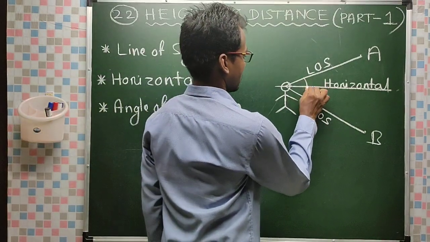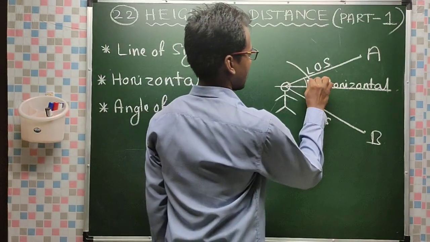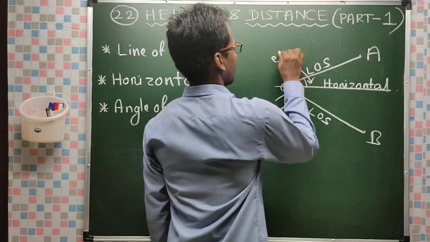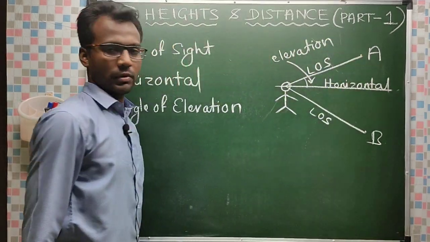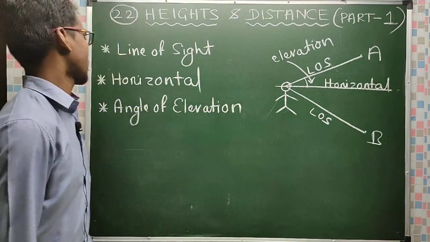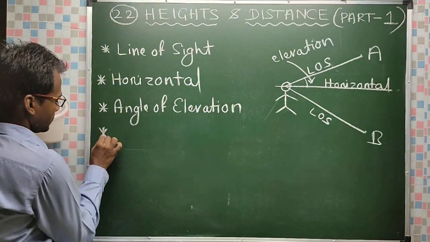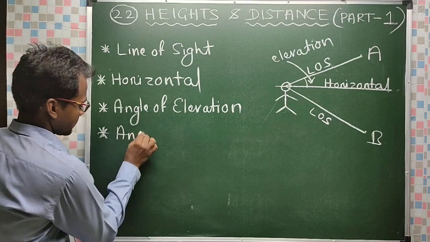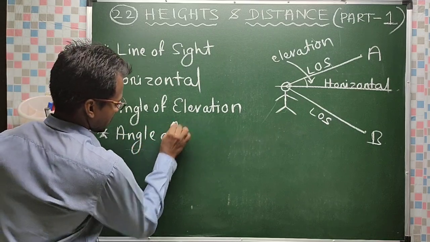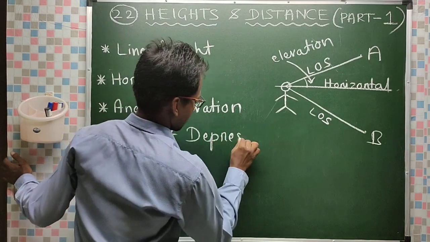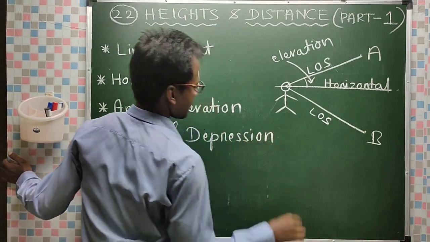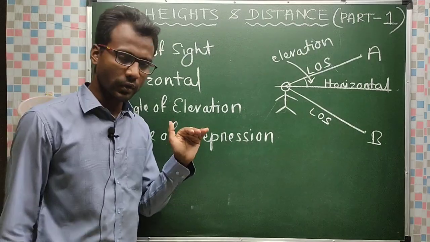Suppose this angle is the angle of elevation because you are looking up. Next is angle of depression, when you are looking down.